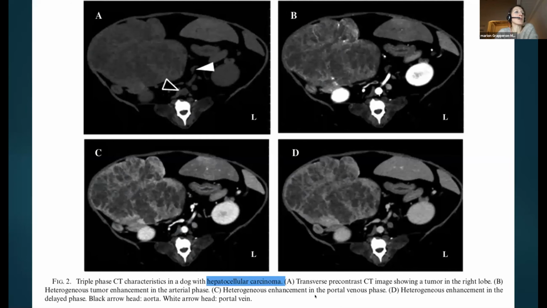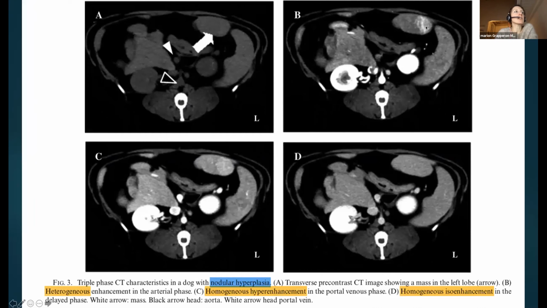Here is an example of hepatocellular carcinoma, plain, arterial, portal and delayed, and you can see, of course, the heterogeneous enhancement that is persisting during the different phases. Nodular hyperplasia, a smaller lesion, they describe it as more homogeneous, and you can see in delayed phase, it was iso attenuating relative to the surrounding parenchyma.